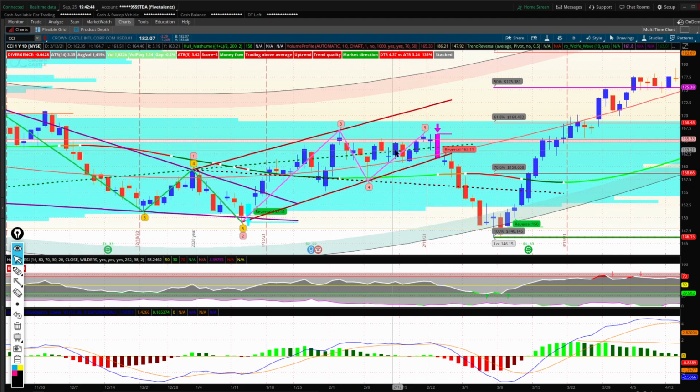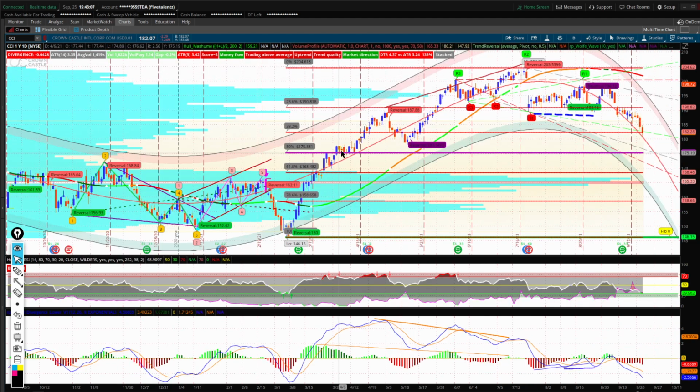So instead of getting in, thinking, hey, this looks like it's going to break this resistance, I'm going to get in, and then suffer that big loss right here. When I recognize a bearish wolf wedge forming, it just helps me to be a little bit more patient and get out of a bad move. That's helped me out quite a few times.